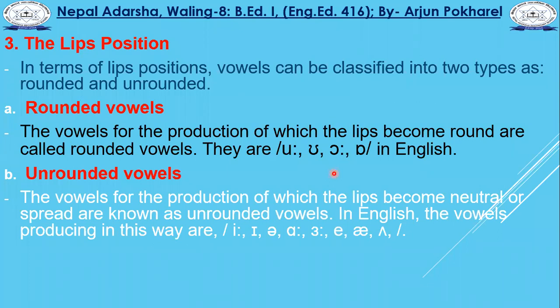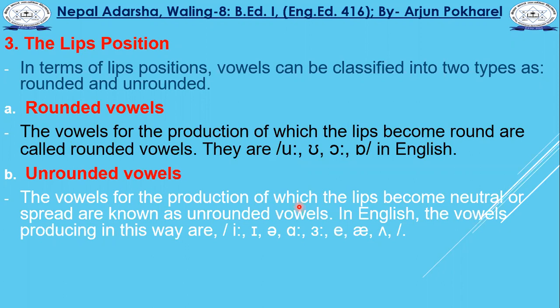Unrounded vowels are produced with the neutral or spread position of our lips. Some linguists also define unrounded vowels into two types, neutral unrounded vowels and spread unrounded vowels.